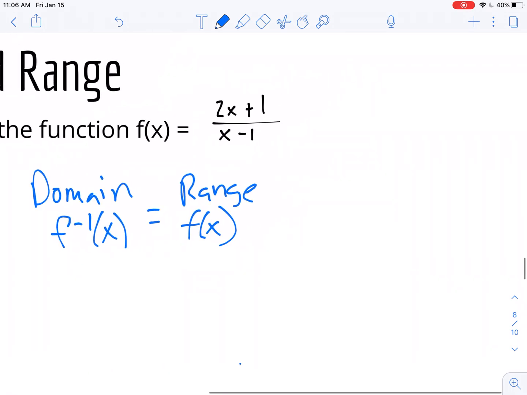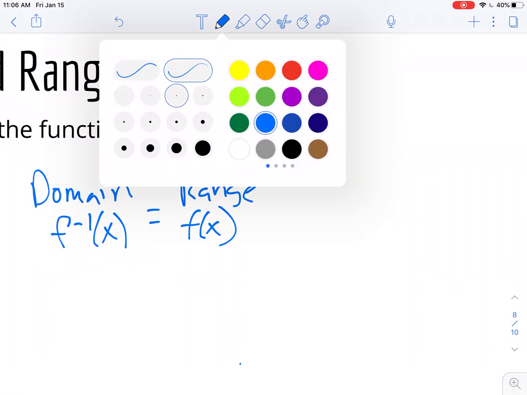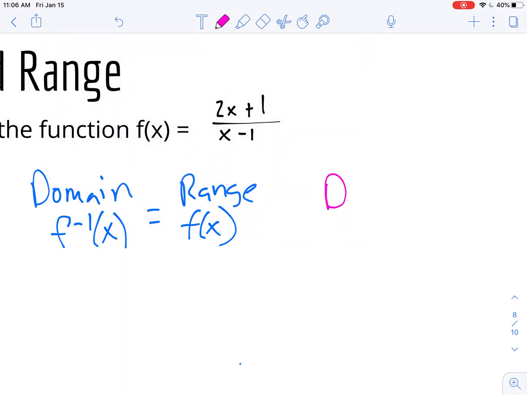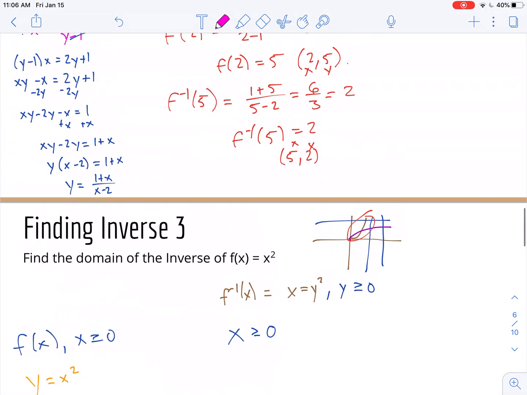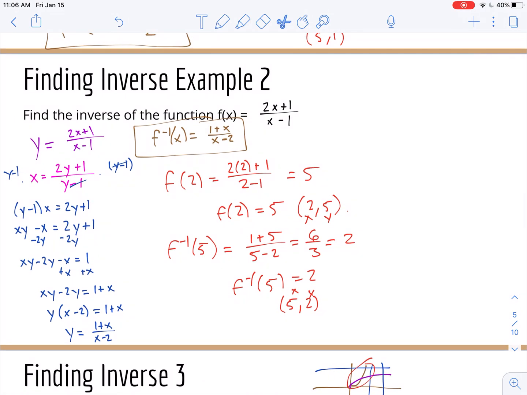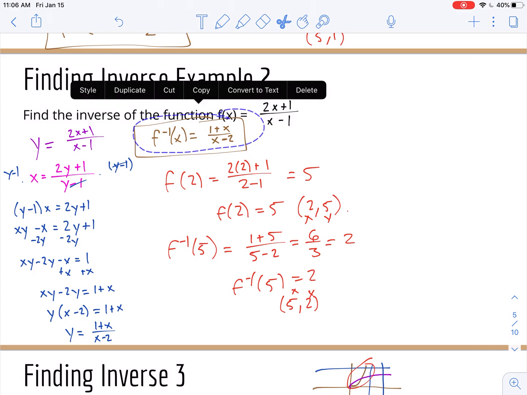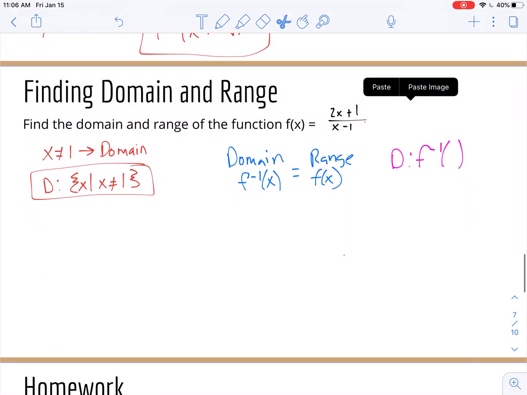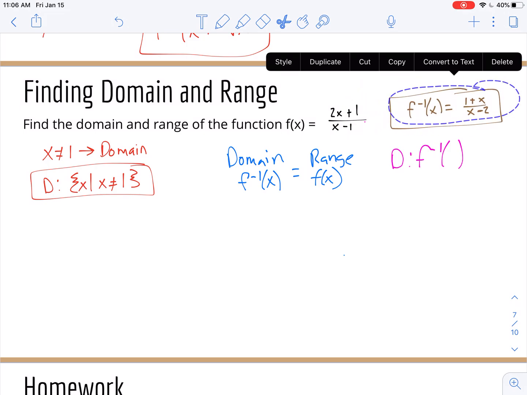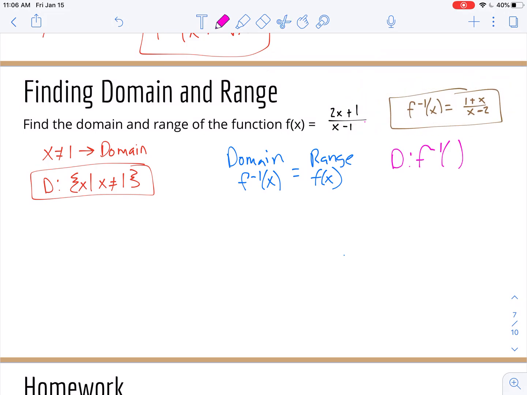So now I can go through and figure out my domain for the inverse function of x, and notice that this function is the same thing from example 2. So I'm just going to quickly copy and paste this function. So that's our inverse function. We already found that in example 2.